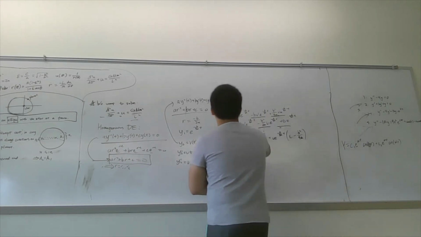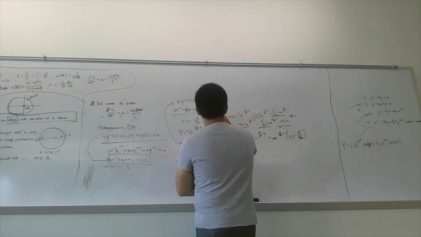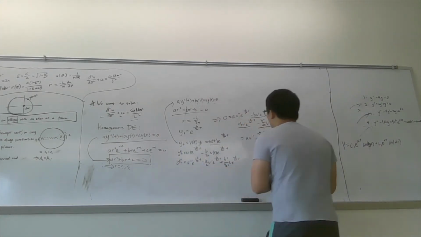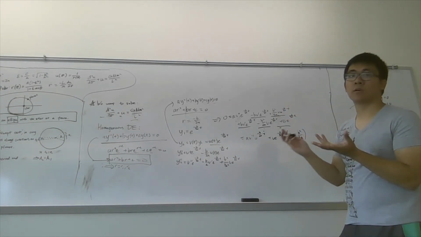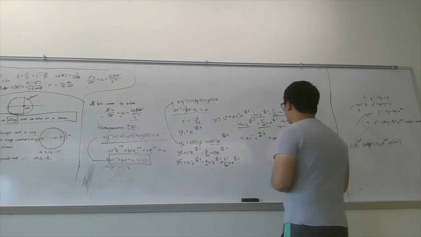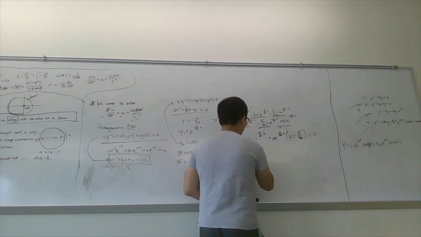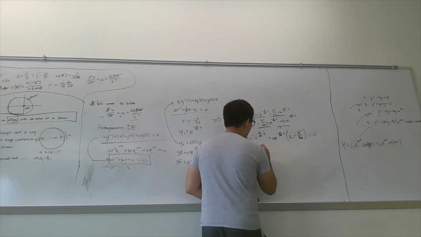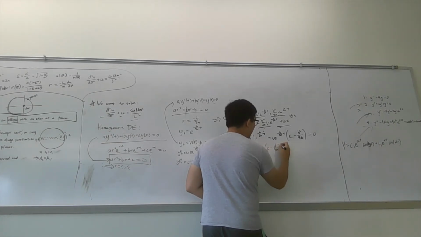Of course we require that all of this equals 0, because we need to find another solution using reduction of order. All of this equals 0. So now we can remove the exponential function, and we just get this.